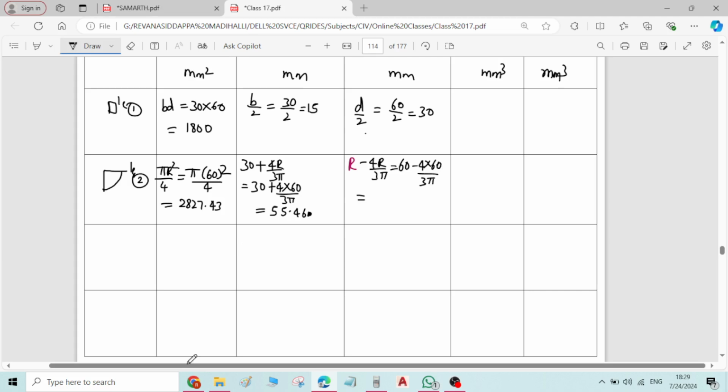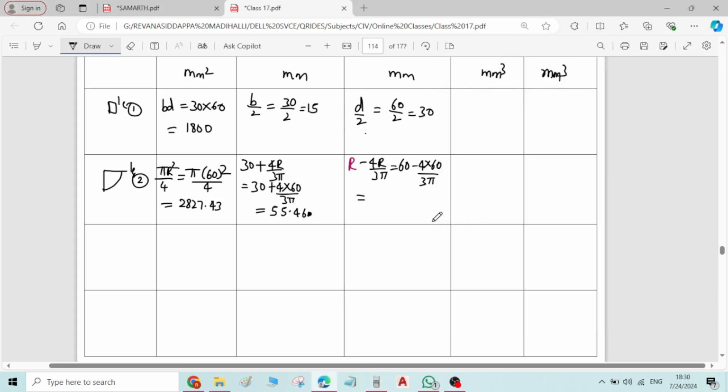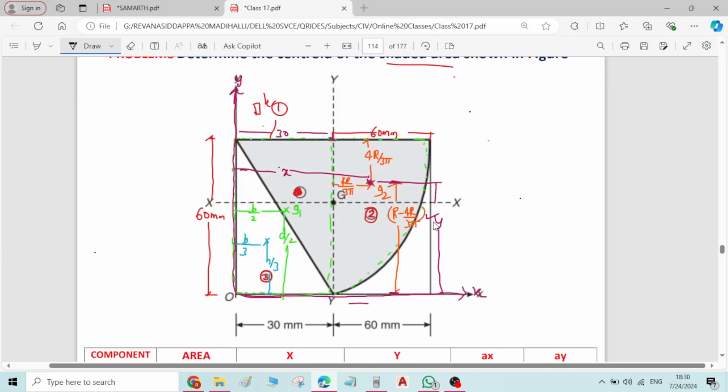Let me calculate the answer. 4 into 60 divided by 3 pi, then 60 minus the answer. It is 34.53 millimeter. This completes the calculation for the quadrant of the circle.